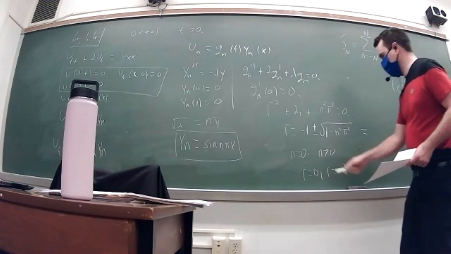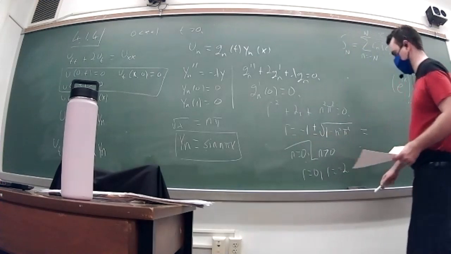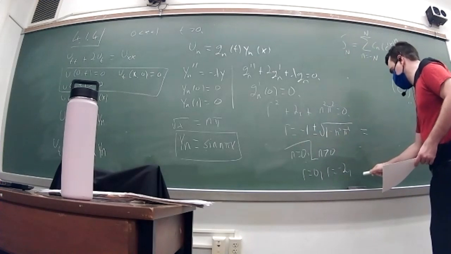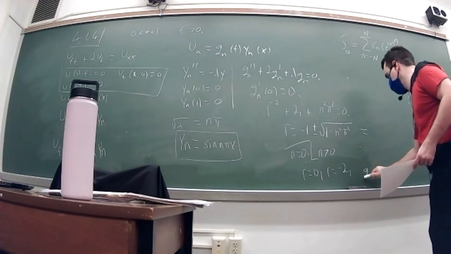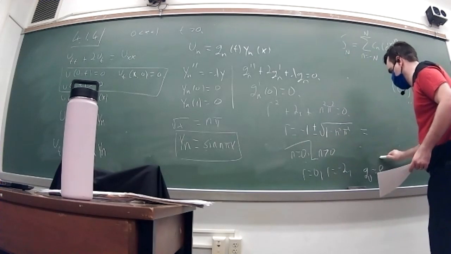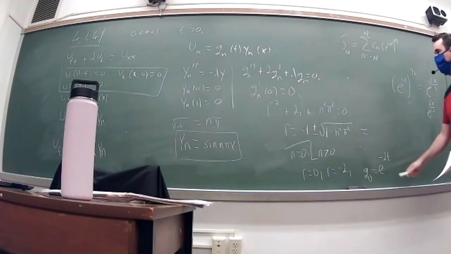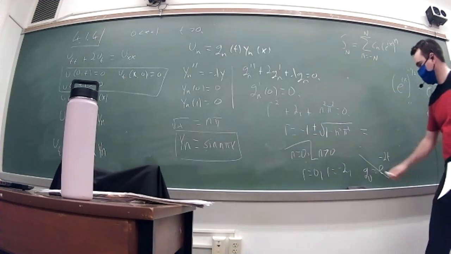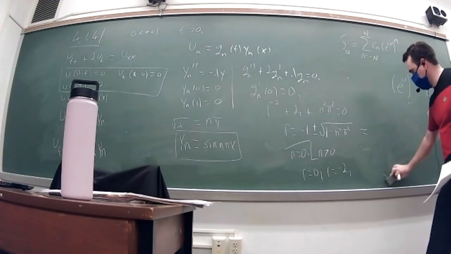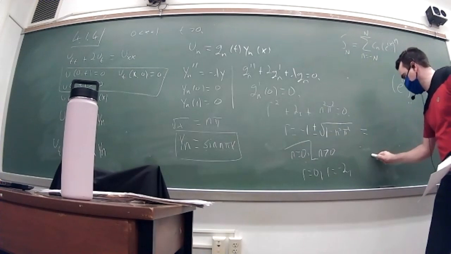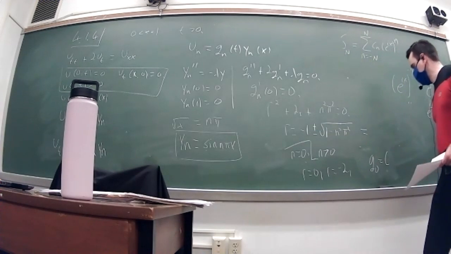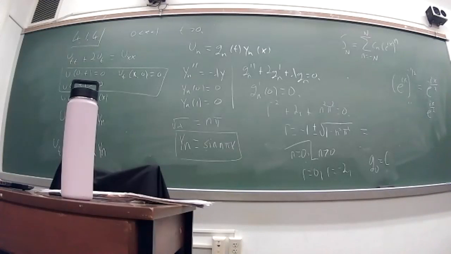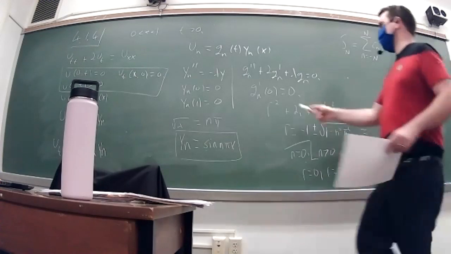And so then, working in this setup, with r equals minus 2, you're getting something like g0 equals e to the minus 2t, which doesn't satisfy this condition. So you cross it out. With r equals 0, you get g0 equals constant, which does satisfy this condition.